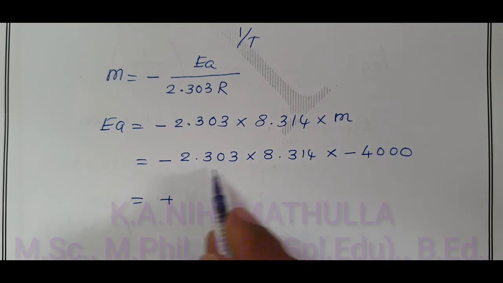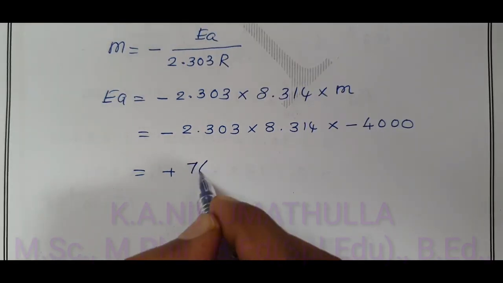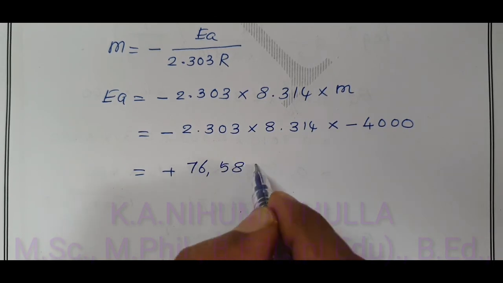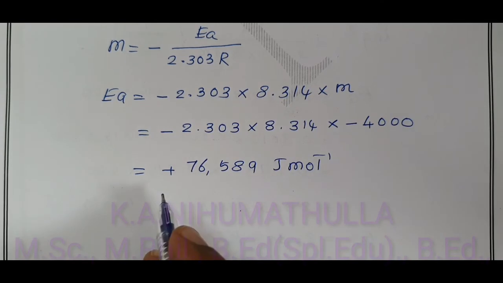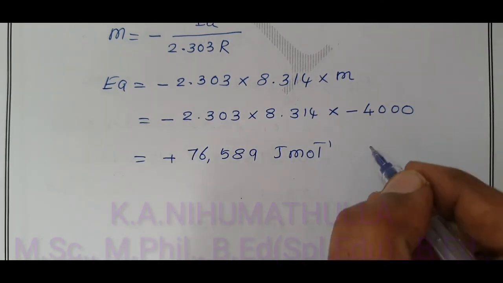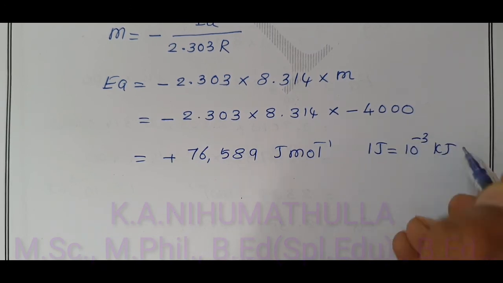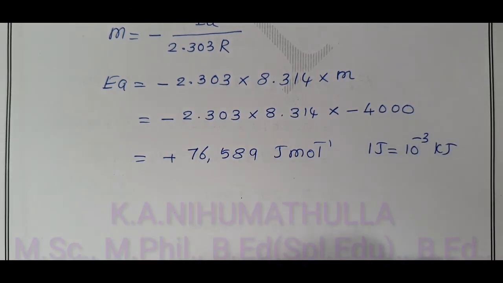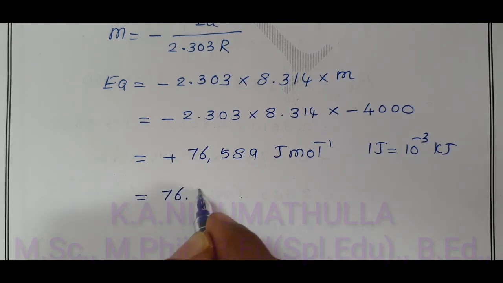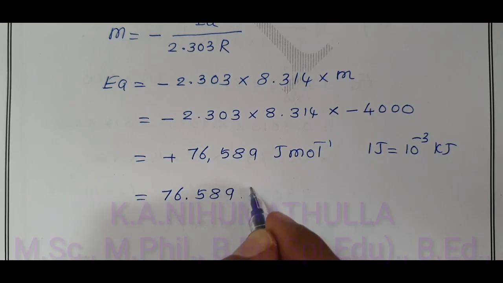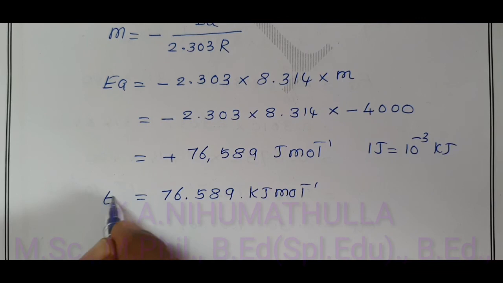When you multiply all these quantities, you will get plus 76,589 joule mole power minus 1. When we convert this joule into kilojoule, we know 1 joule equals 10 power minus 3 kilojoule. Multiply this value by 10 power minus 3, you will get the answer 76.589 kilojoule mole power minus 1. This is the energy of activation.